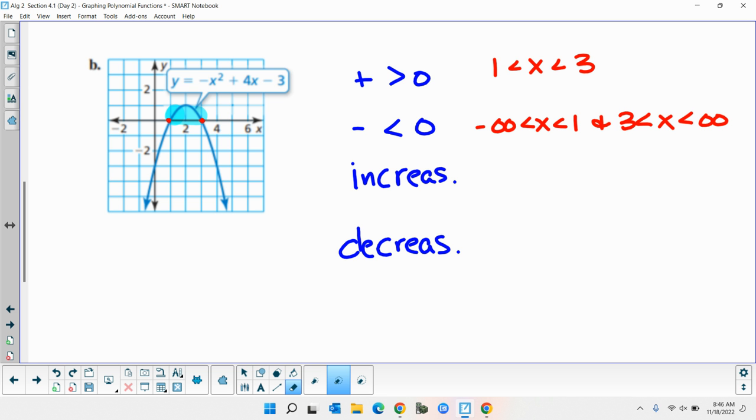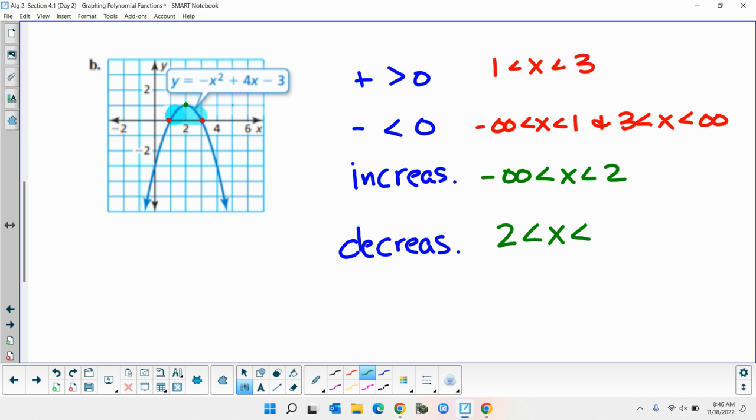All right. It increases up to there, right? Let's change the color here. Let's go to the green. It increases from negative infinity to what x value? 2, right? And then it decreases from 2 to what?